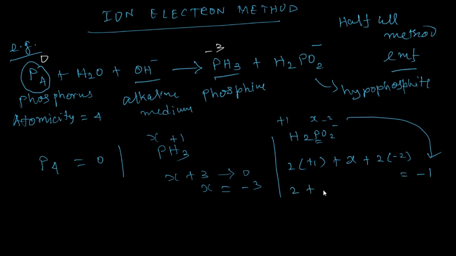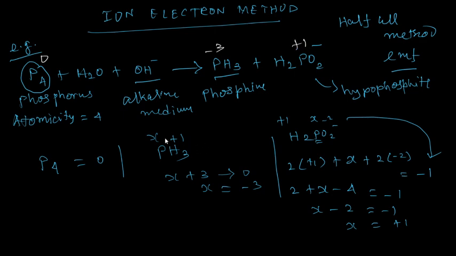Now we have to solve this equation and find the value of X. So we'll get the value of X as 1, that is +1. Always include the sign in the oxidation number, plus or minus, whichever sign you got. So here the oxidation number is +1. So we got the oxidation number for all the elements here.